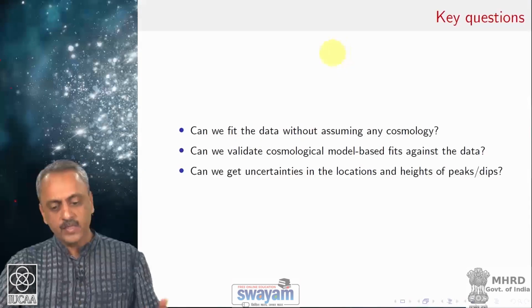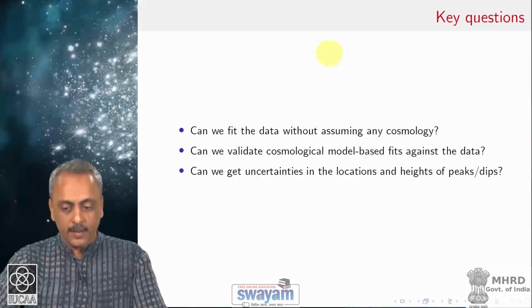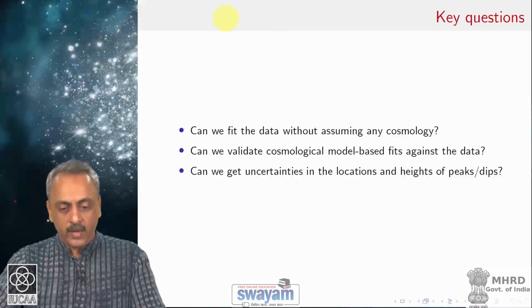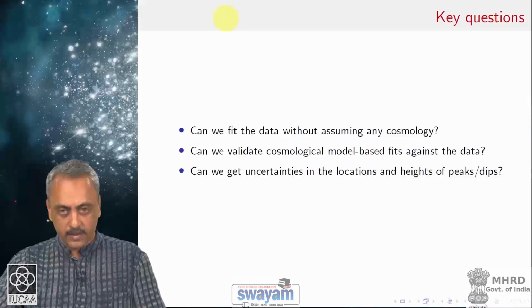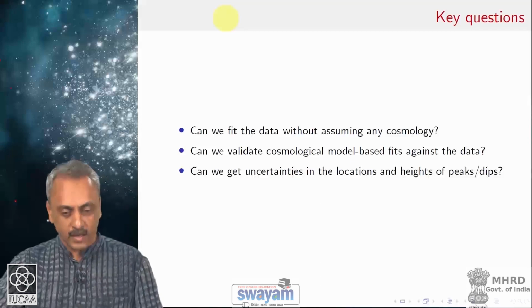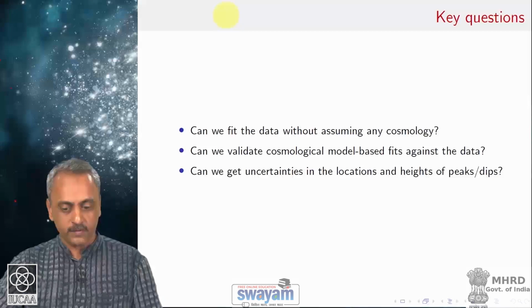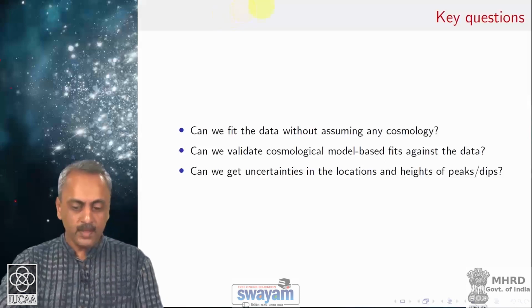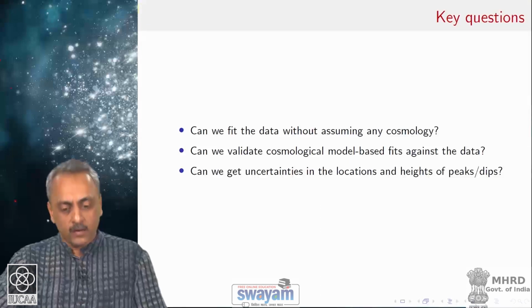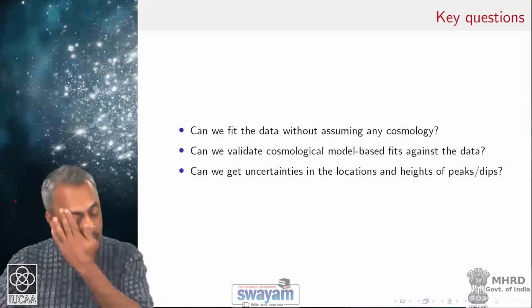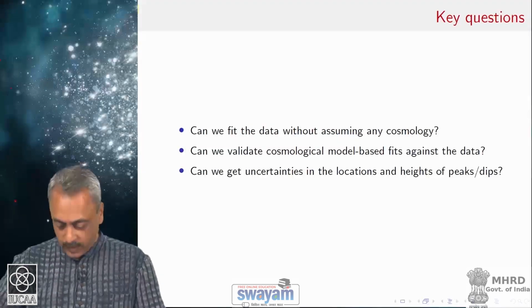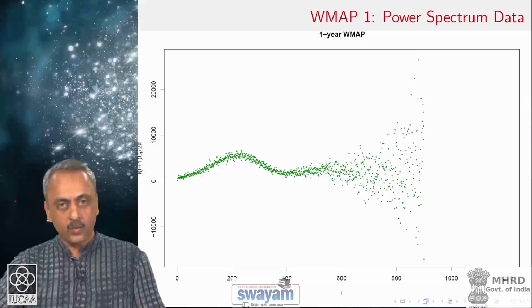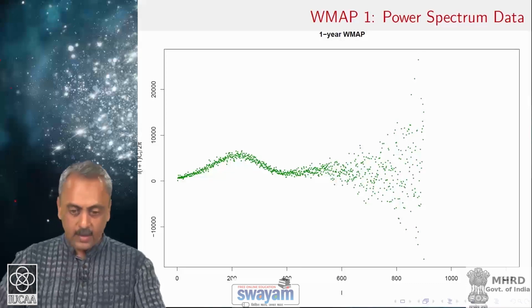Okay. So, the approach here is you can certainly assume the prevailing cosmology formulation and knowledge, and based on that knowledge you can arrive at a fit using theories of physics and cosmology, but then without taking recourse to cosmology or physics, can you, purely based on the data, figure out the shape of the underlying power spectrum?